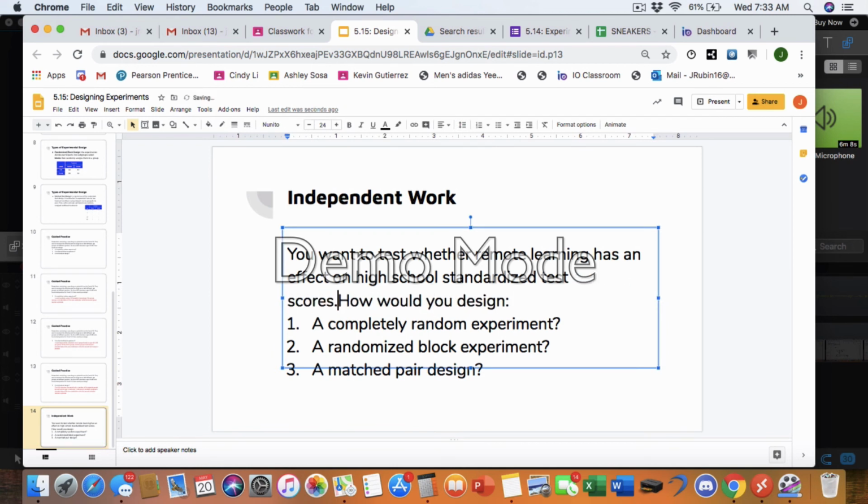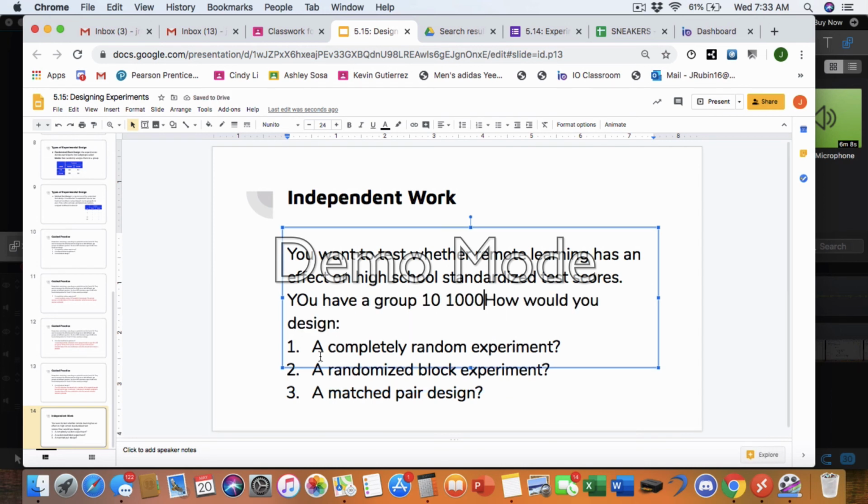So we're going to say you have a group of 1,000 high school students. So that's like your number of participants. So now you get a little more specific with what your designs would look like.